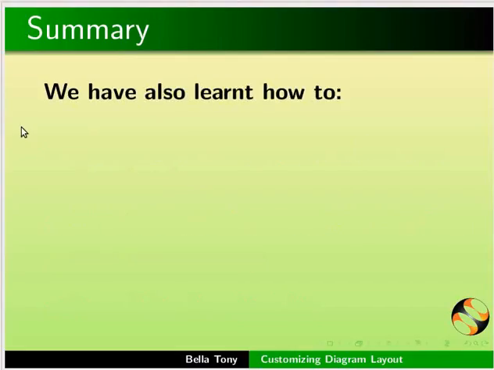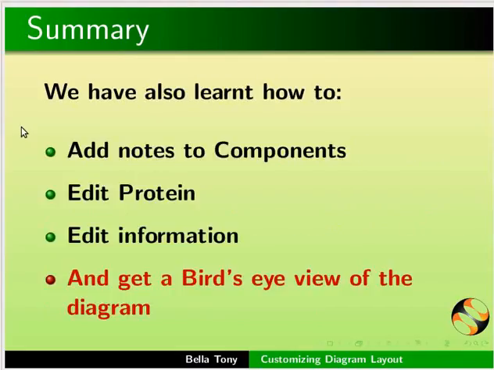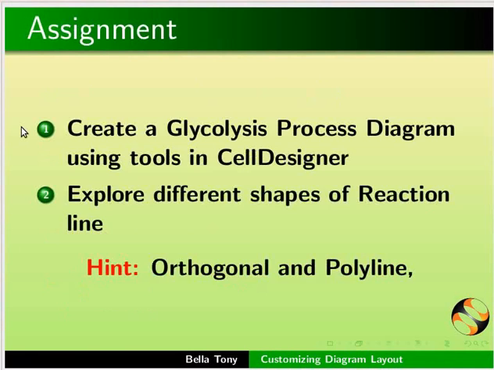We have also learned how to add notes to components, edit protein, edit information, and get a bird's eye view of the diagram. For assignment, create a glycolysis process diagram using tools in Cell Designer. Explore different shapes of reaction line.